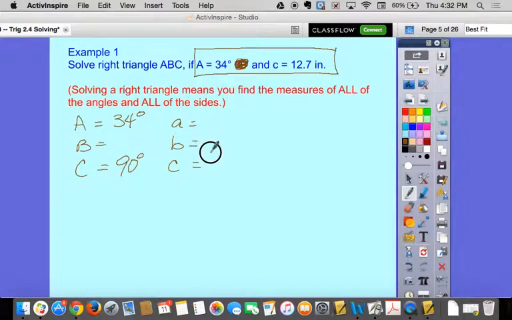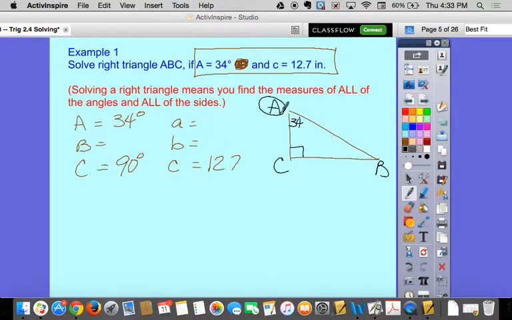And then little side c is 12.7. All right, you can make your triangle however you choose. It just needs to be a right triangle. I have the habit of putting A up top and B down the bottom. That's just me. I know that doesn't look like a 34-degree angle, but that's okay.